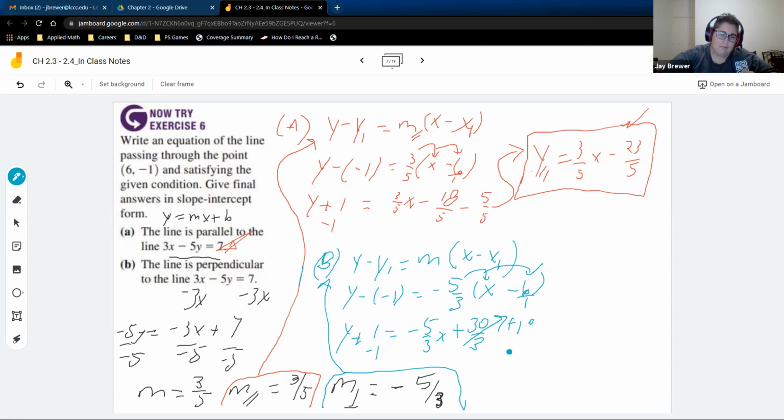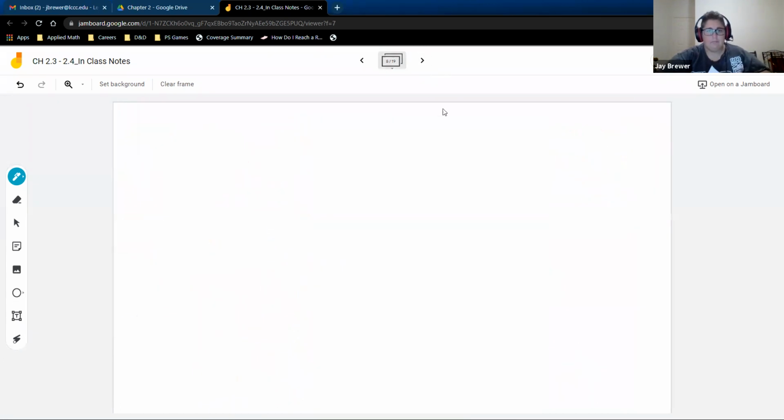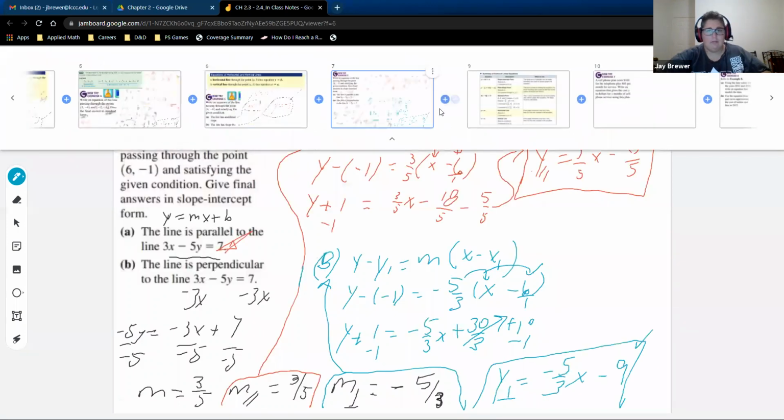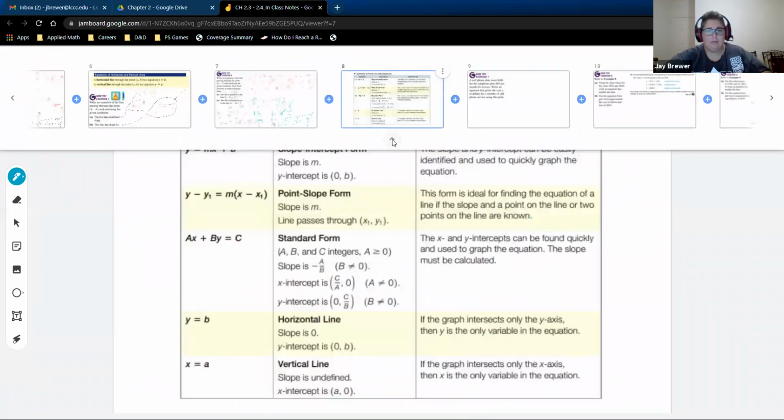So we'll subtract 1. So your perpendicular line is going to be negative 5/3 x minus 9. There it is. And I can actually get rid of that. Okay.